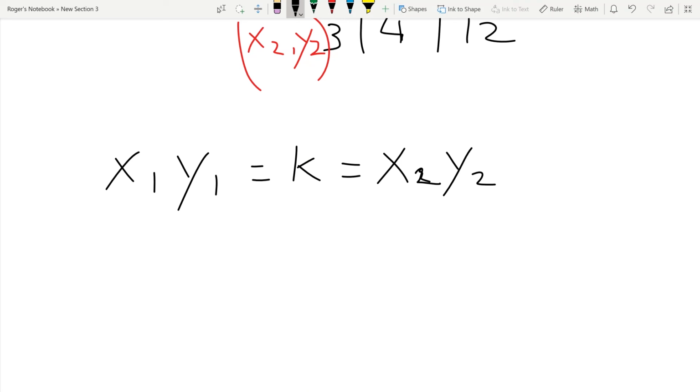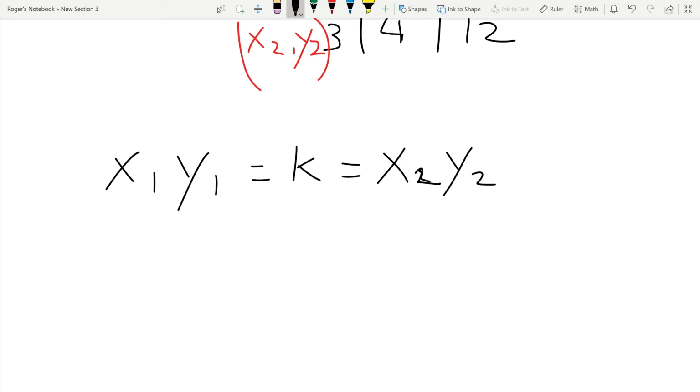Now, I hope this is starting to look a little bit like what we did with slopes. Remember, take any 2 points from your linear equation, from your line, and the ratio. Remember, y equals mx plus b. That m is always the same no matter which 2 points you pick.